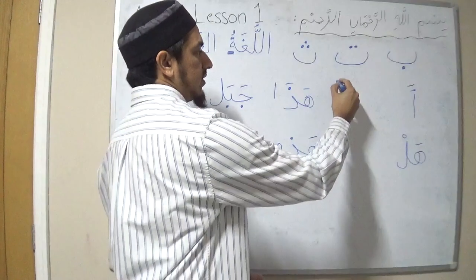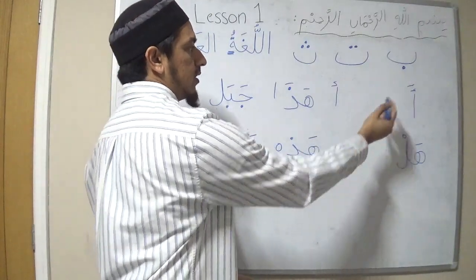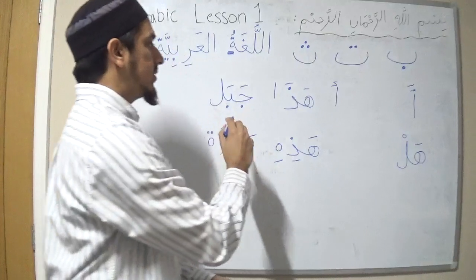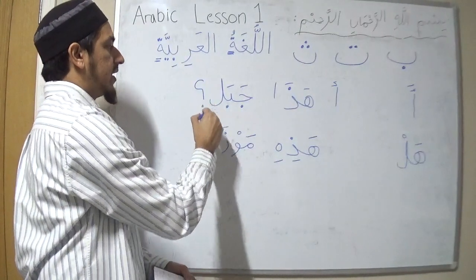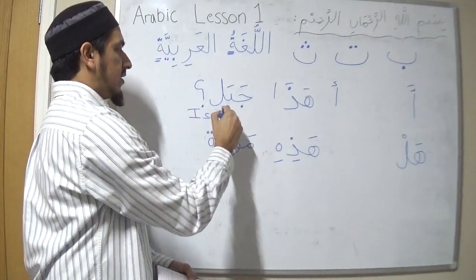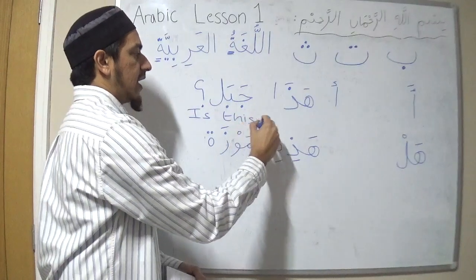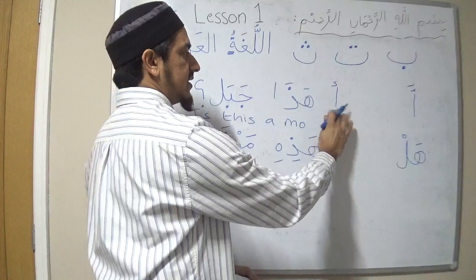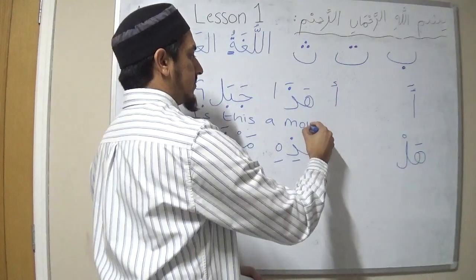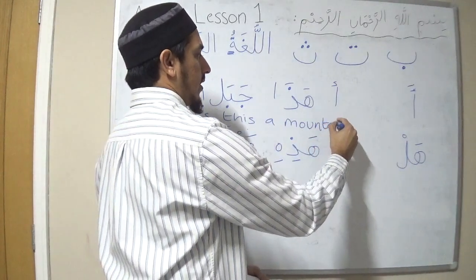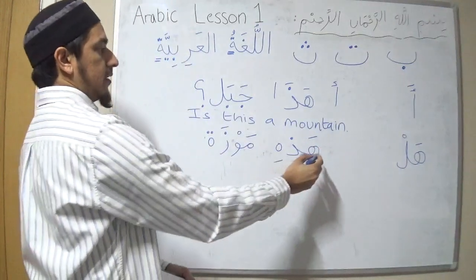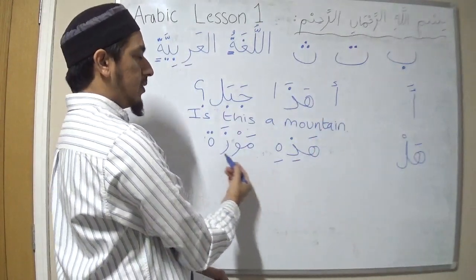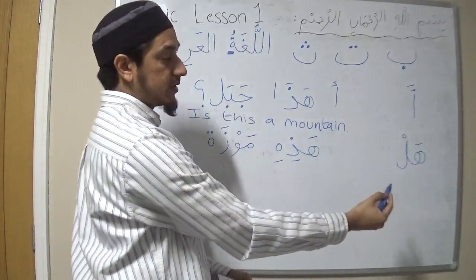So I can write in this one, it doesn't matter if you use hal there or hamza there. أهذا جبل? A question mark will come. Is this a mountain? This is now made, is this a mountain? And similarly, I could have used أهذه موزة, but here I just want to use hal.